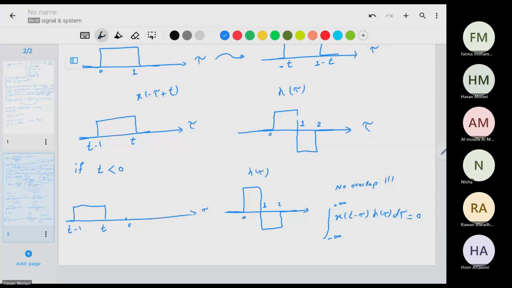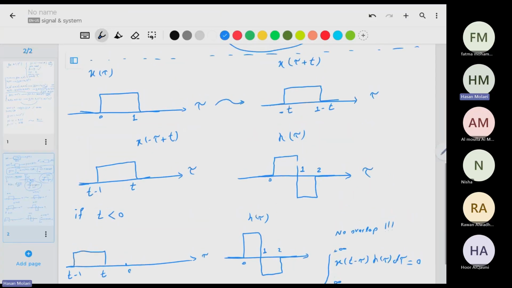Anyone could solve? Yeah, let's solve together. Okay.